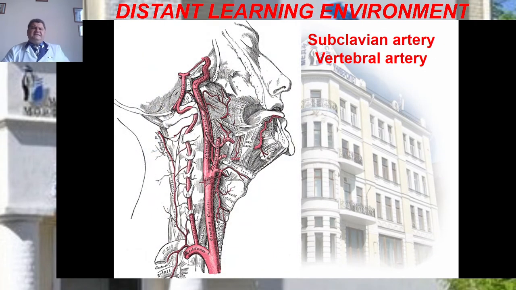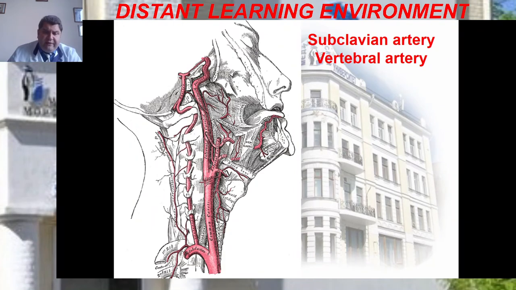So next, let's talk about the second main artery, which gives branches for the brain and other structures. So first, in detail, let's talk about the second branch of the brachiocephalic trunk at the right side, and also I told you that the subclavian artery at the left side passes from the aortic arch.